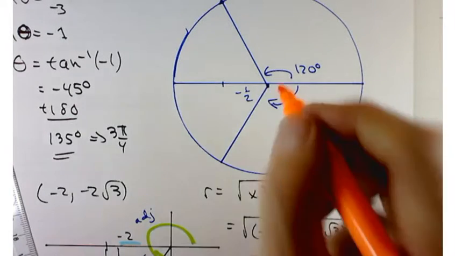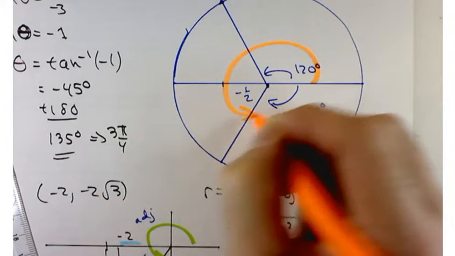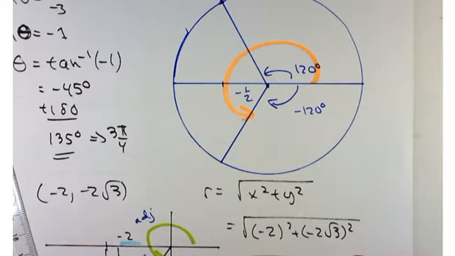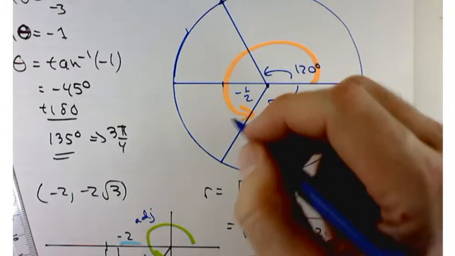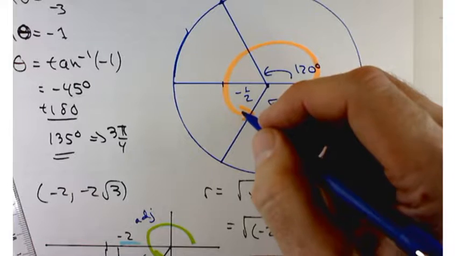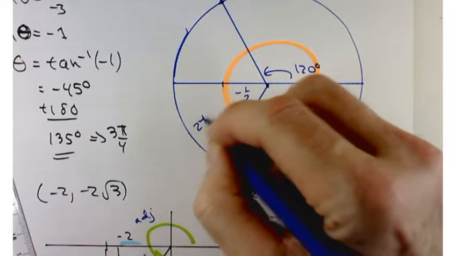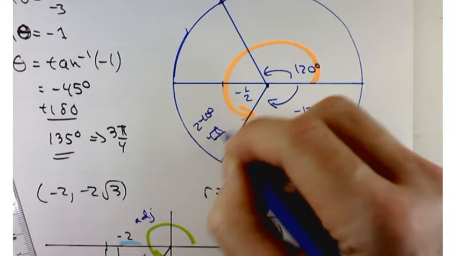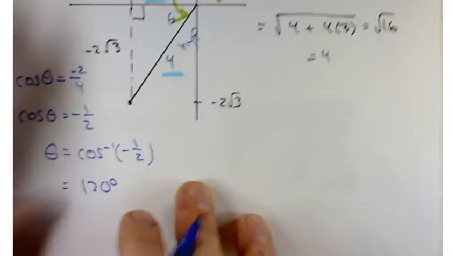What's the positive angle going this way? What's the angle in orange? 240. 240, which is, what's it, 4 pi over 3? 240 degrees or 4 pi over 3. So 4 pi over 3 would be the correct answer here.